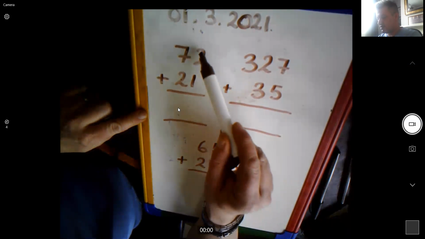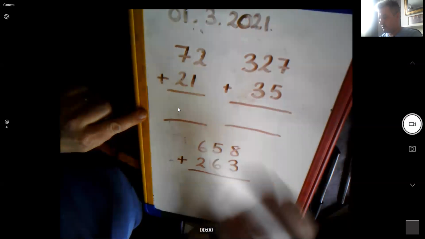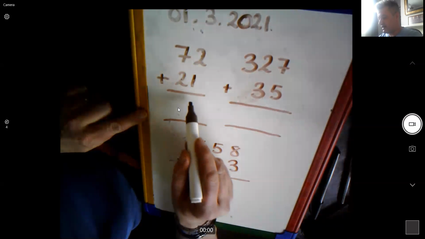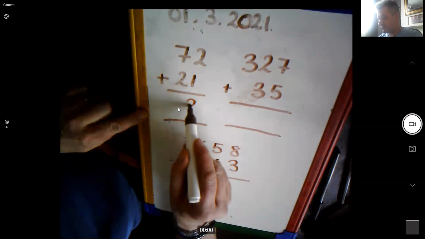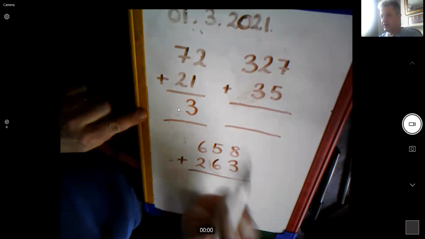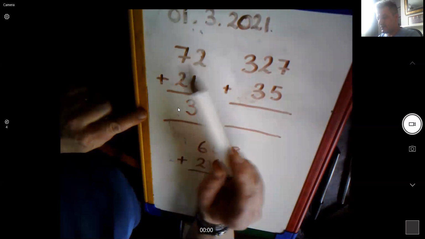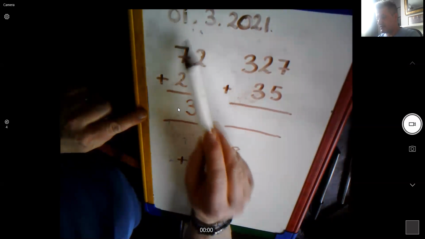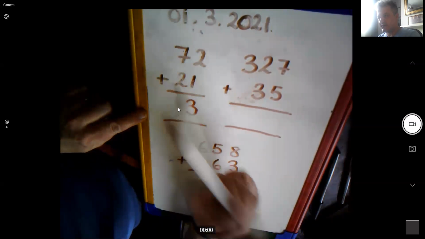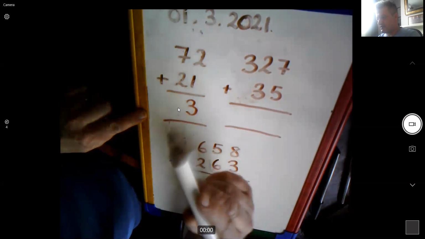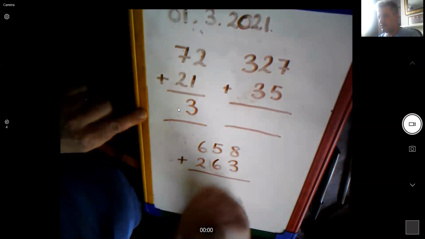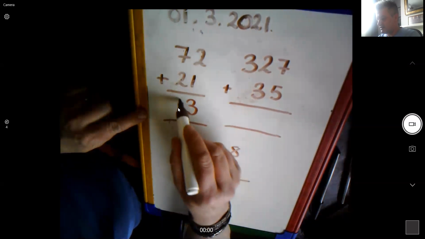So I've got 2 add 1. 2 units add 1 unit. Very straightforward. 2 in my head, add the 1 on, and I end with 3 units. The second part of the question is 7 tens add 2 tens. 7 tens in my head, and 2 tens becomes 9 tens.